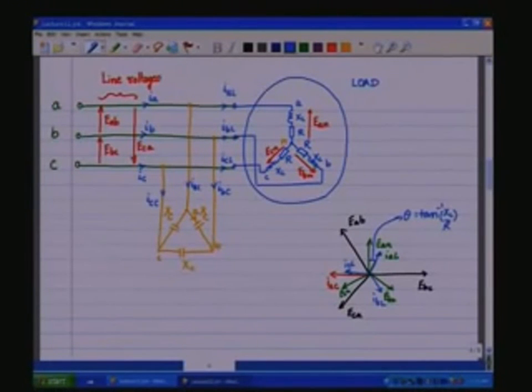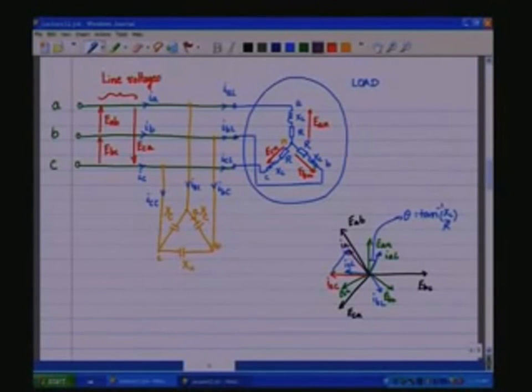Now, if we look at the current IA, IA is a vector sum of IAC and IAL, and therefore, if we superpose IAL on IAC, we get IA. By applying KCL, we get IA as the vector sum of IAL and IAC, and you see that IA is now almost in phase with EAB, because we have put a capacitive network.